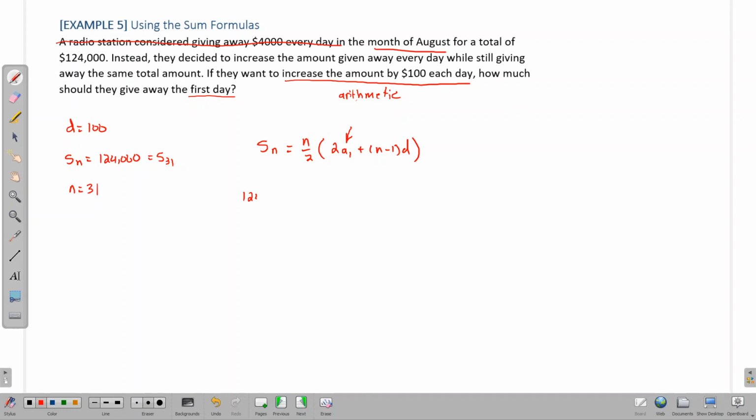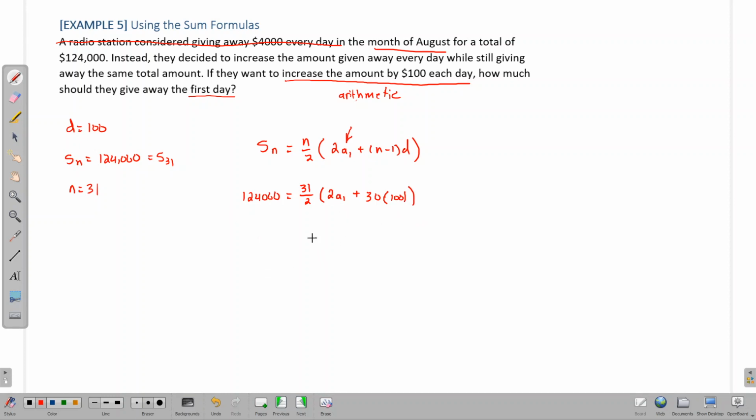We have 124,000 for the S sub n. The n, as we said, was 31. We don't know a1, so we'll leave that as the variable. We've got 31 minus 1, which would just be 30, times d, which was 100. So that's got everything plugged in.